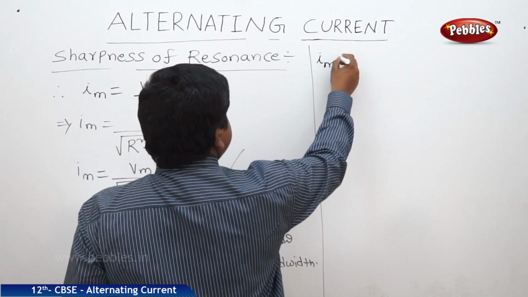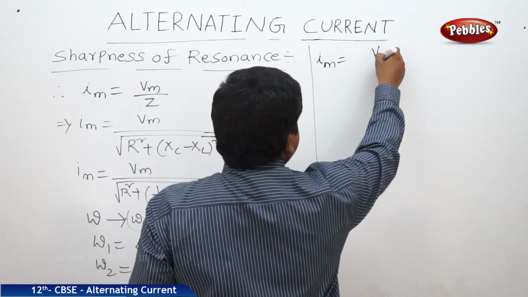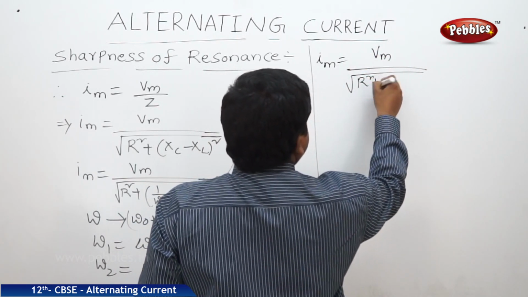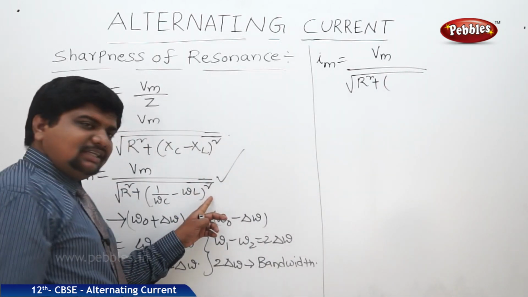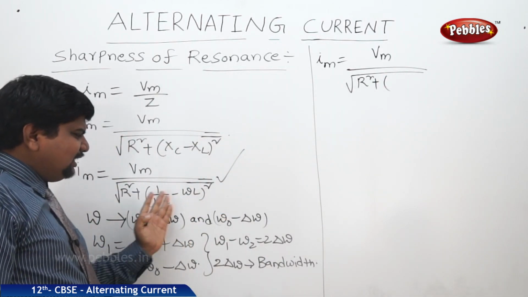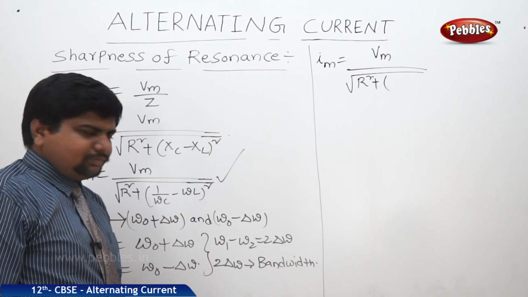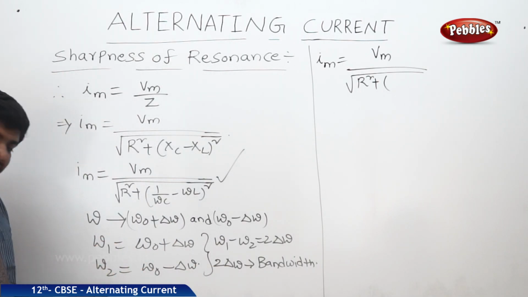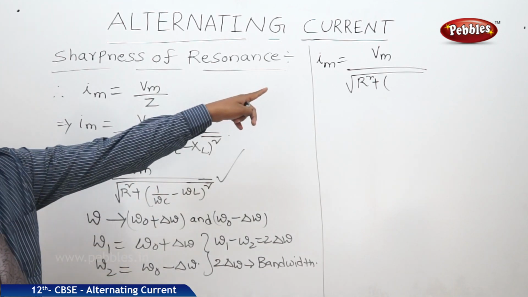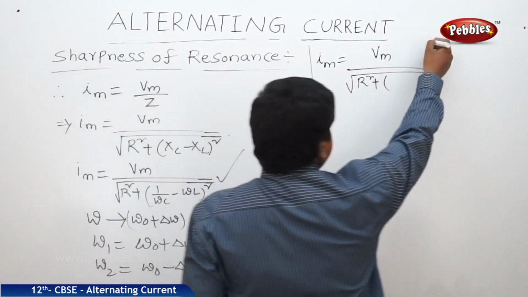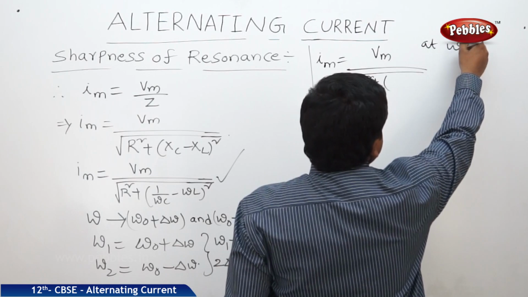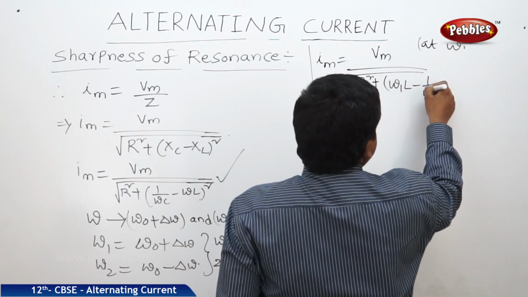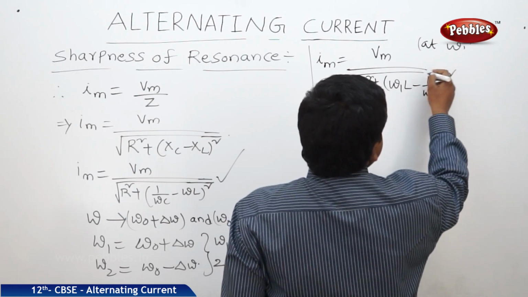Therefore, Im is equal to Vm by under root R square plus, since it is under the square, we can write omega L minus 1 by omega C also. But we have two omegas, omega 1 and omega 2, so I am converting this to omega 1: (omega 1 L minus 1 by omega 1 C) whole square.